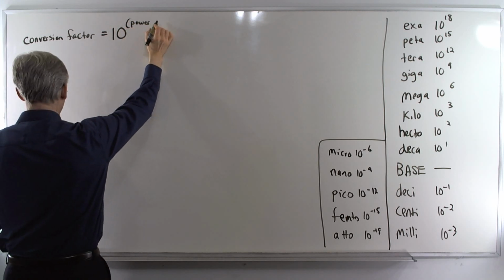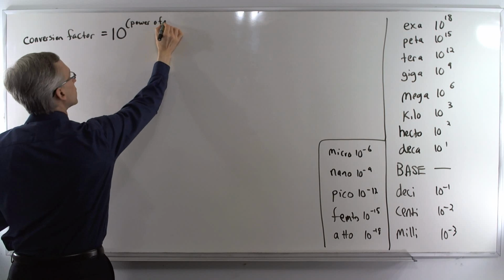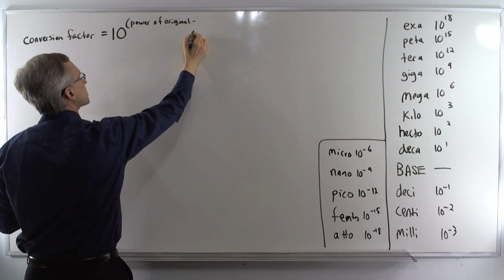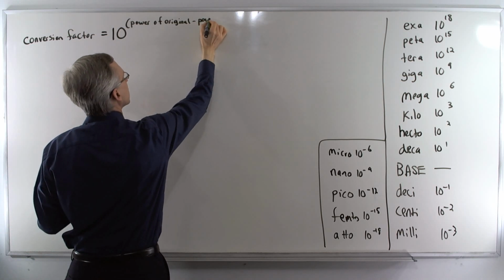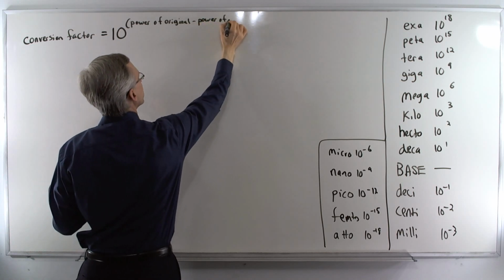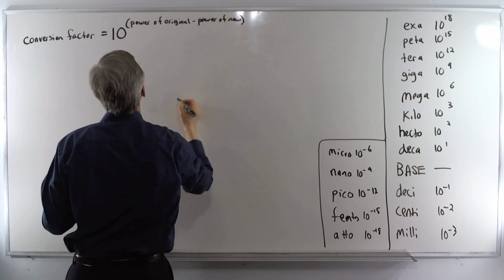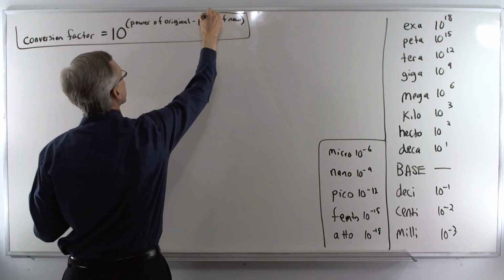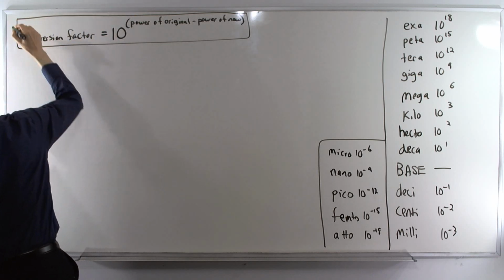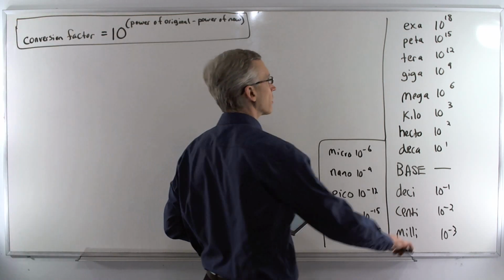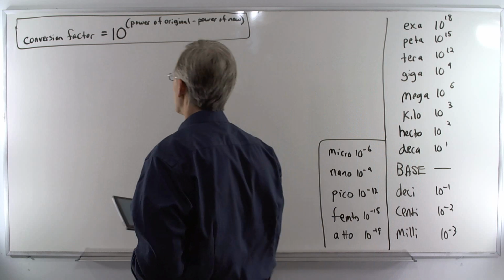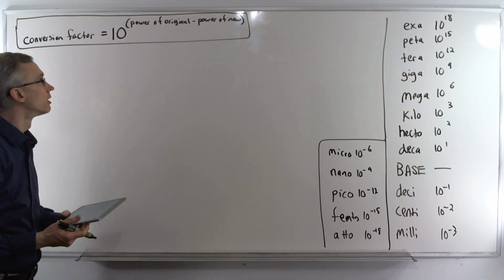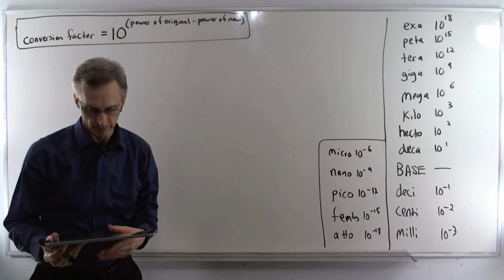We're going to take the power of the original unit minus the power of the new unit. We'll subtract those and we'll get 10 to some power, just like we have over here. Now the counting method basically does this subtraction for us.